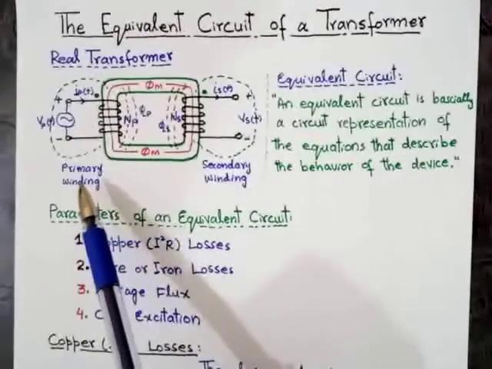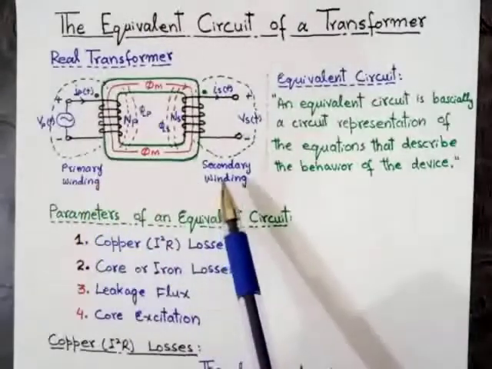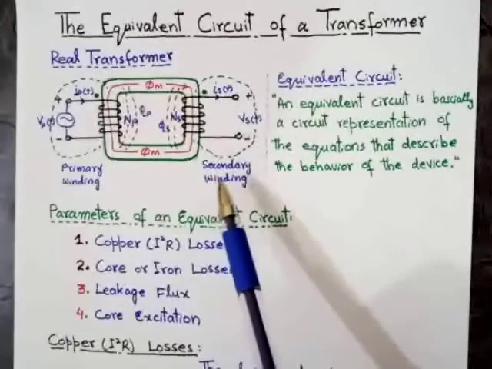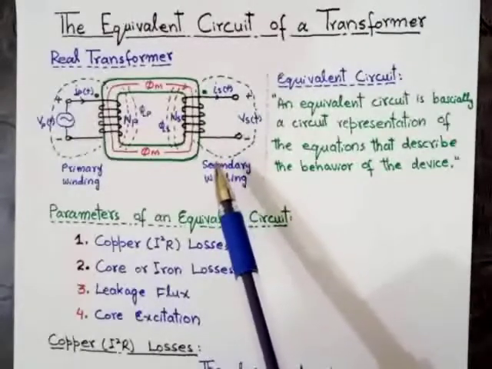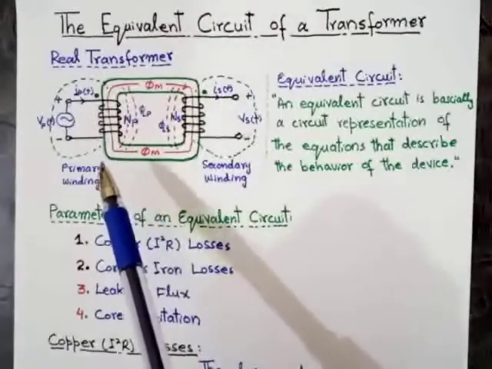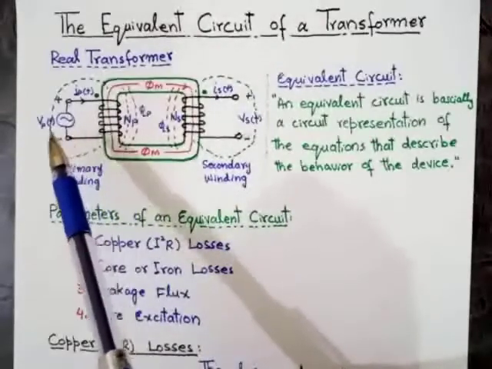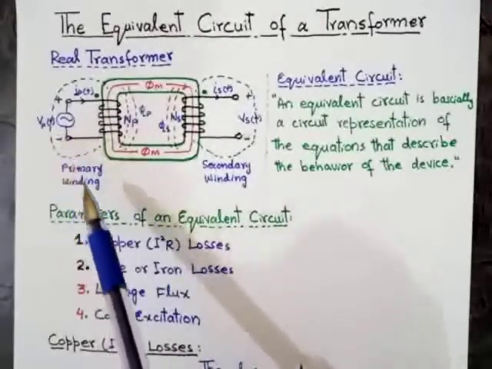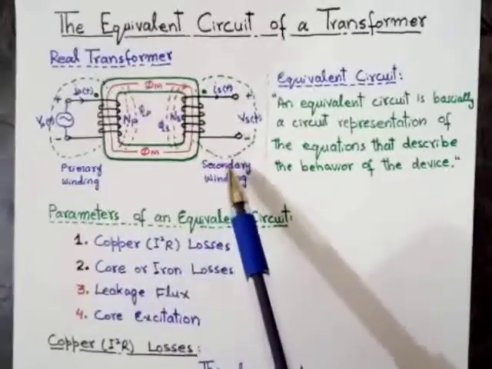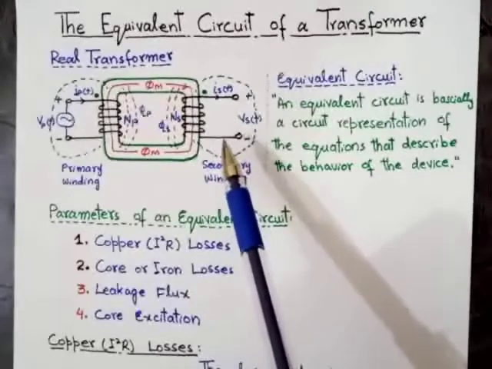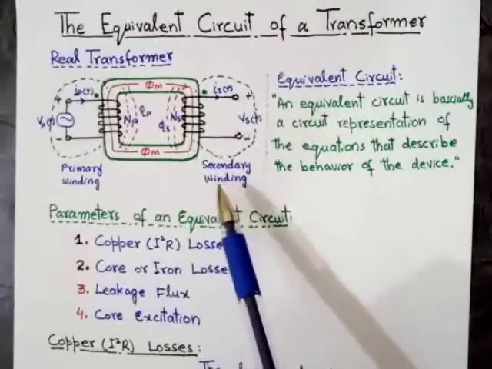The first one is the primary winding and the second one is the secondary winding. As we have already discussed, the winding which is connected to the power source is called the primary winding, and the winding which is connected to the load is called the secondary winding.